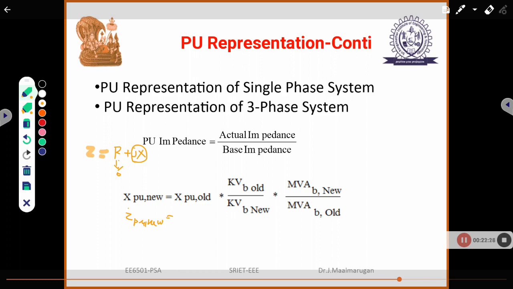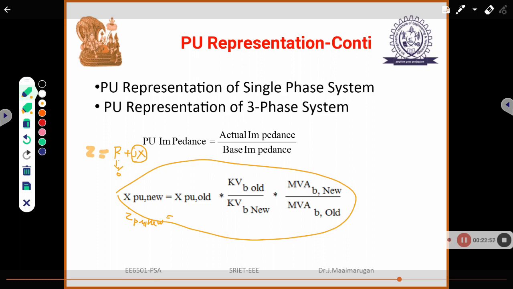This is the very important formula to find the new per unit reactance value. In the single line diagram, from generation to the distribution side, the power rating must be common. If it is not common, the power system is not reliable.